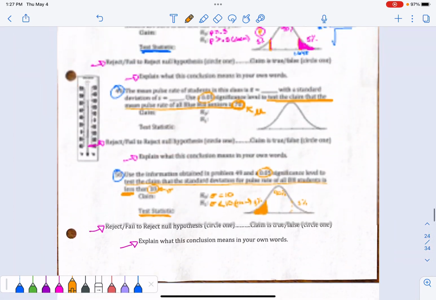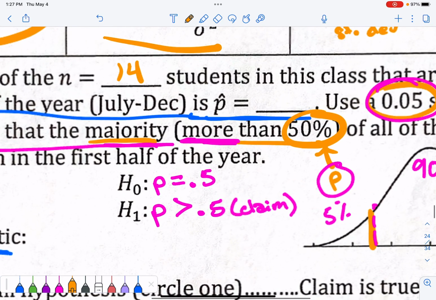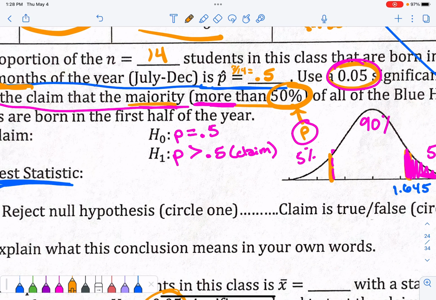P hat is 7 out of 14, which is 50%, right? 7 out of 14, if you need to write that in there. 7 out of 14 equals 50%, 0.5. So our p hat value is 50%. We are comparing that to a p value of 50%. So are we saying that 50% is equal to 50% or 50% is greater than 50%?